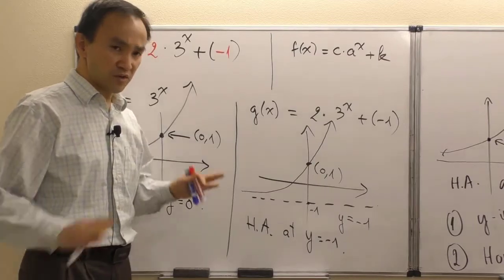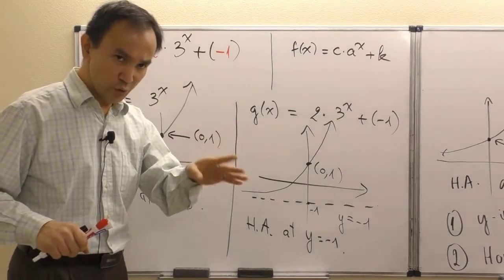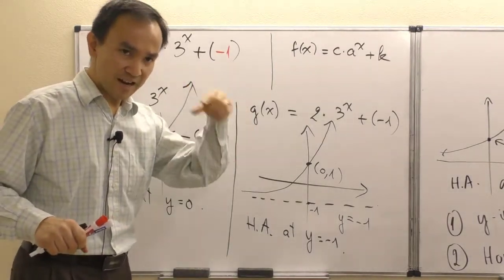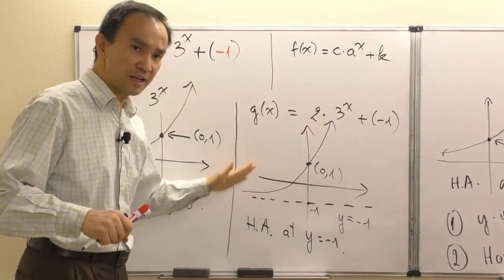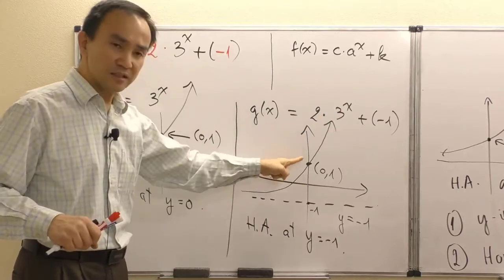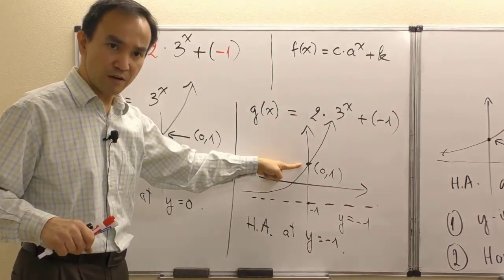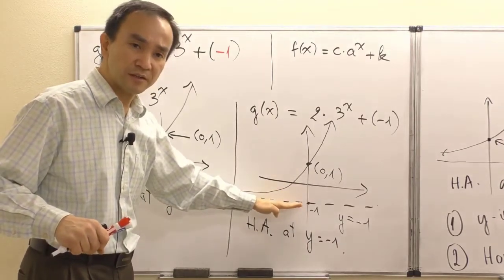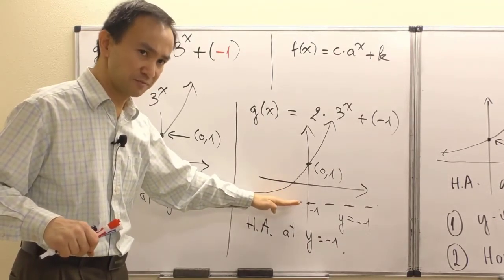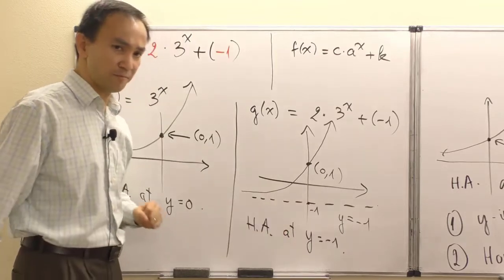So now I was saying earlier I wanted to use the transformation step that I introduced in example 4 to explain how the new graph right here, how the descendant function arrives at this (0, 1) for the y-intercept, and also how the value for the horizontal asymptote arrives at y equals -1.